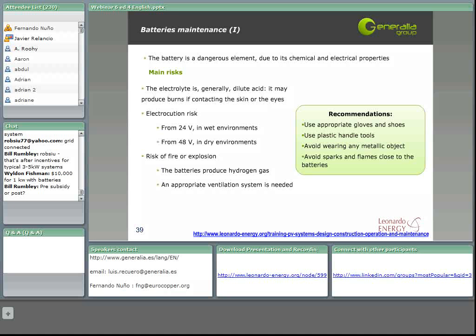We have electrocution risk, especially in wet environments, but if we are using 48 volts, we have also electrocution risk in dry environments. And as this kind of batteries produce hydrogen gas, we also have risk of fire or explosion. So we have to consider a place with appropriate ventilation.